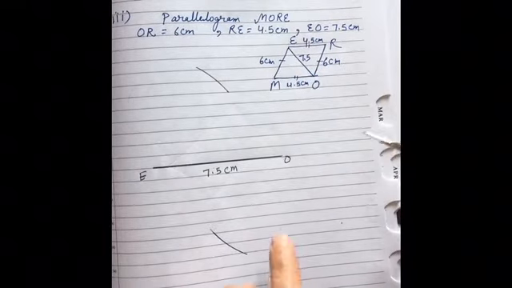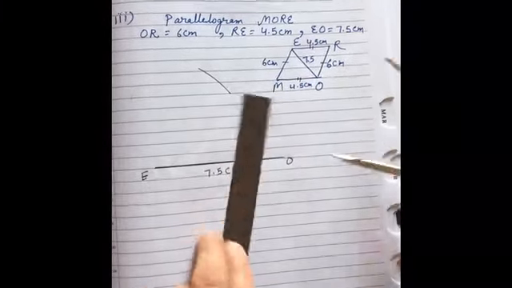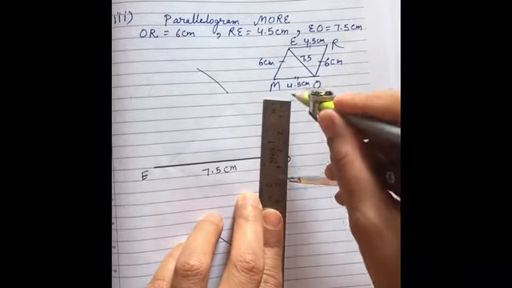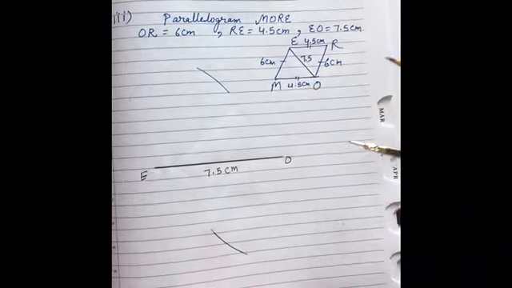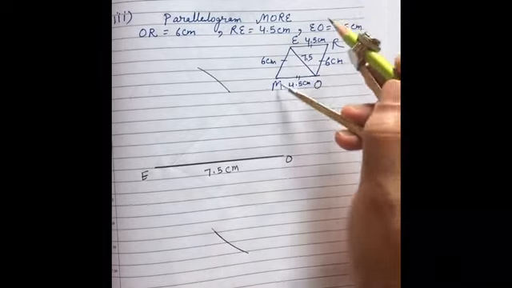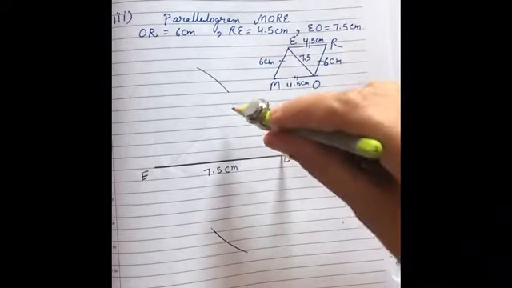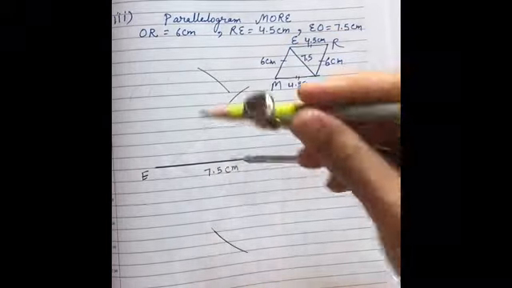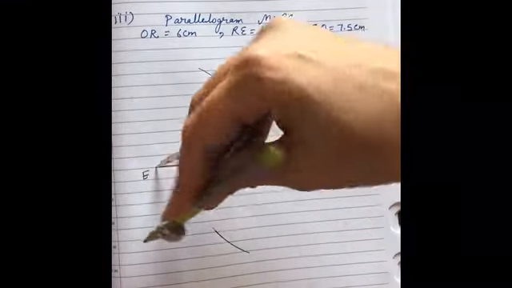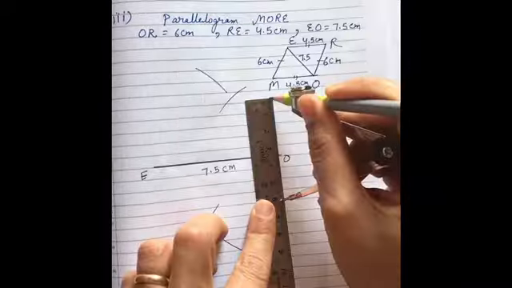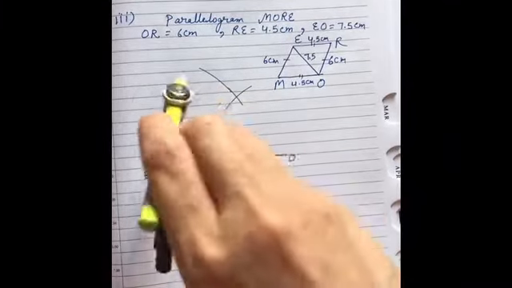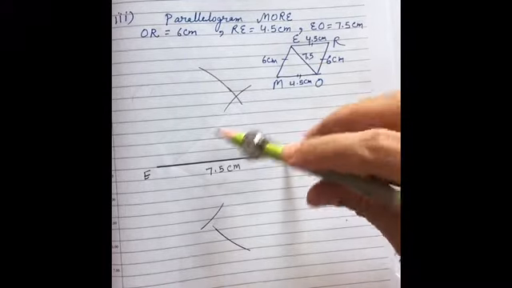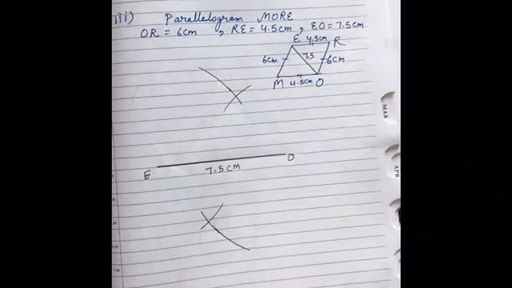Fine. Now open up your compass to 4.5 centimeter. This is 4.5. Now this 4.5 is from O, and here this is my 6 centimeter. So now it is cutting, and from here also now it is cutting.